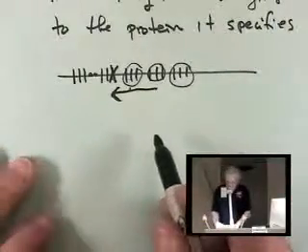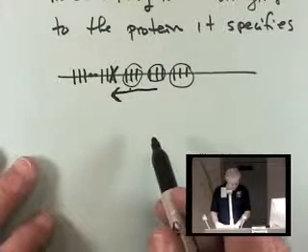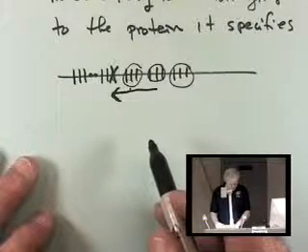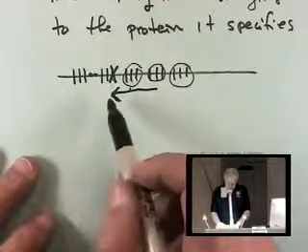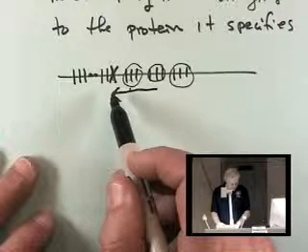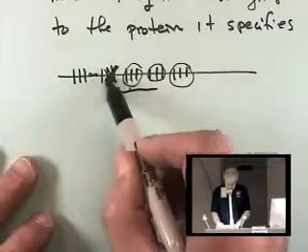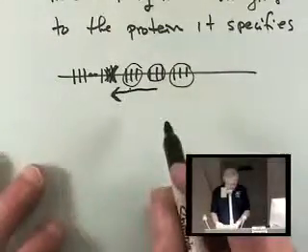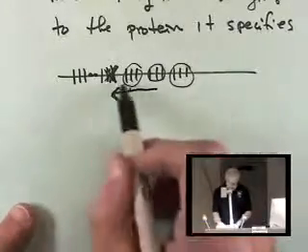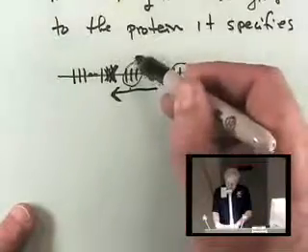So if we had a base pair deletion, it causes a significant frame shift so that these three that are supposed to be together are no longer going to be together.